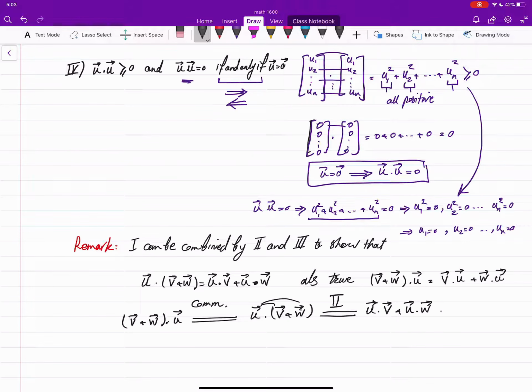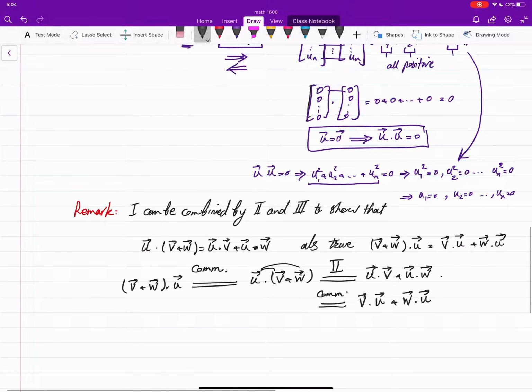Now each one of these, again, we can use commutativity and change the order. And what we have proven is what we were looking for: v plus w dot u is v dot u plus w dot u.